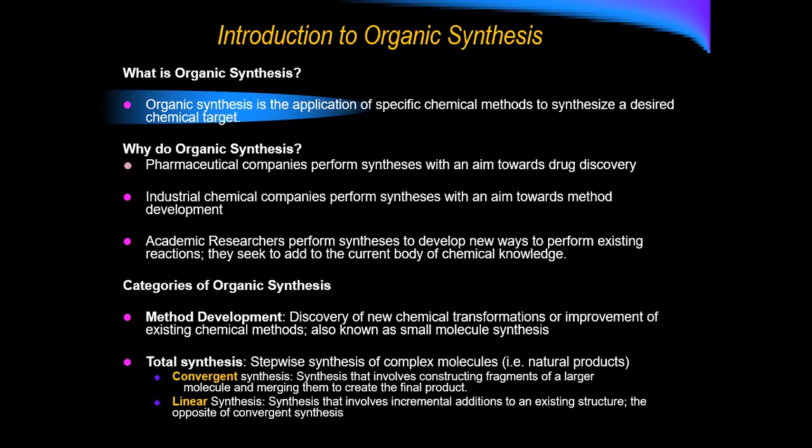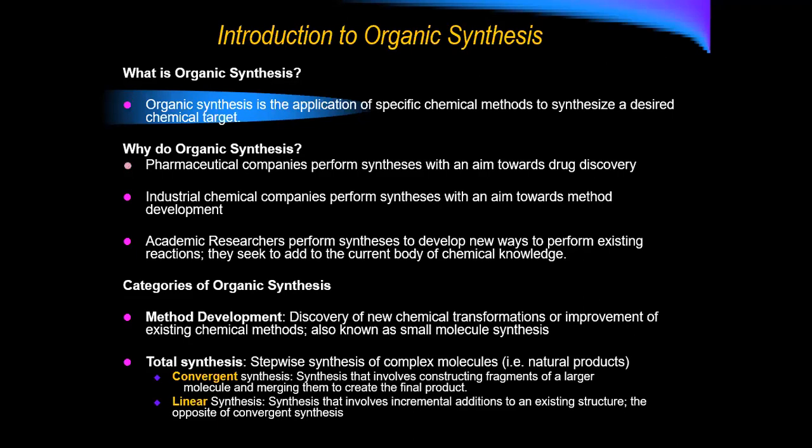So pharmaceutical companies do syntheses with an aim toward drug discovery, with an aim toward innovation, with an aim towards taking something that you find in nature in very small amounts, like aspirin, right? That comes from the bark of the willow tree. There's not enough willow trees in the world to make enough aspirin for consumption of the entire world. So you've got to find a way to do that. So pharmaceutical companies do that.